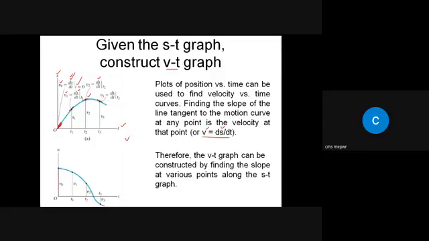When you have all these values, we can plot velocity versus time. So for example, at this instant, if the velocity is 0, it will be here. If the velocity is 10, it might be here. Then at instant 2, if the velocity is here, it will be here.